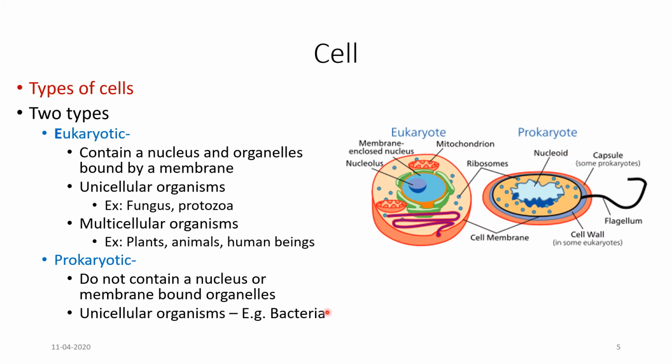The example is the bacteria. We have seen that there are two types of cells. One is the eukaryote, the other is the prokaryote. The difference between the two is that the eukaryote contains the nucleus and membrane-bound organelles in the cell, whereas the prokaryote does not contain the nucleus and the membrane-bound organelles.